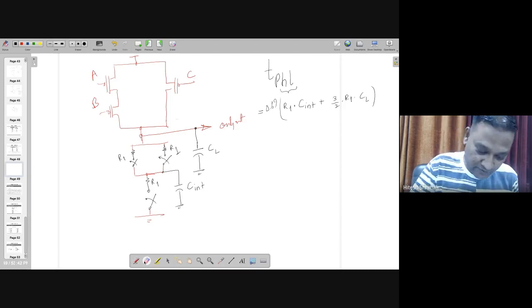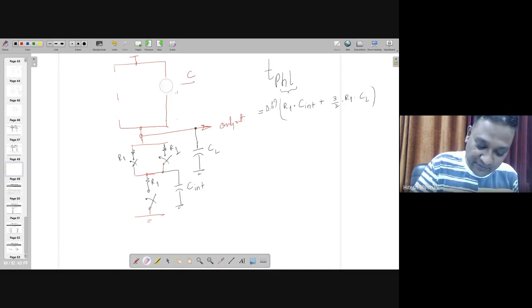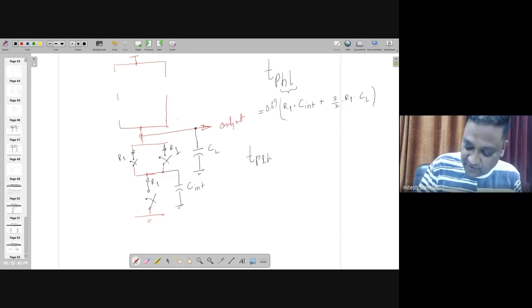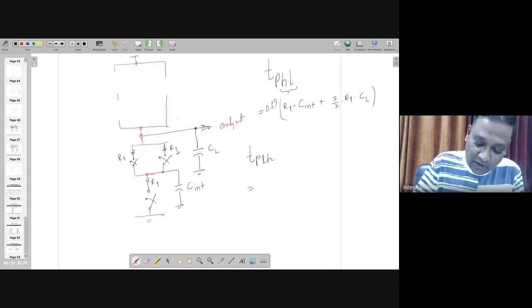Okay, if you found that, now we want to find out TPLH. We are calling it TPLH because now the output terminal will be connected to the high voltage.